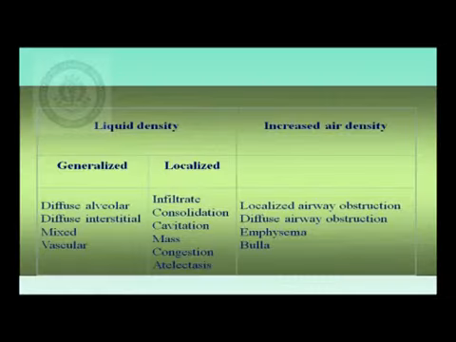Now in pathologies, this density gets altered. When you have a generalized liquid density all over the lung field, which should contain air totally, you talk in terms of diffuse alveolar disease, or diffuse interstitial lung disease, or a pathology affecting both the interstitium as well as the alveoli, as in a case of consolidation, or it can be a vascular shadow like that of an AV malformation.